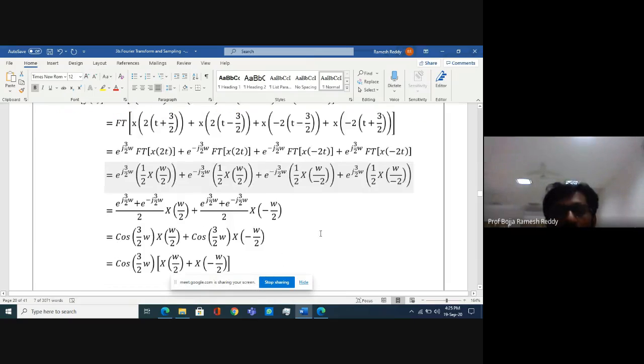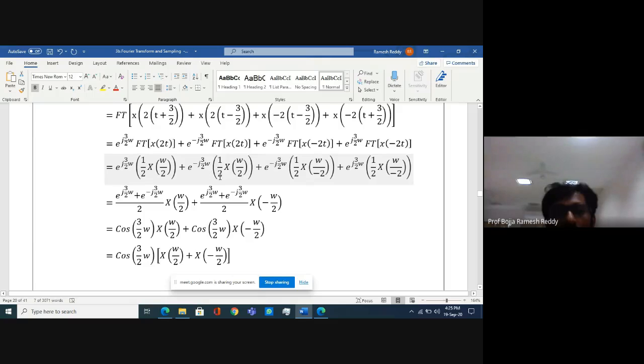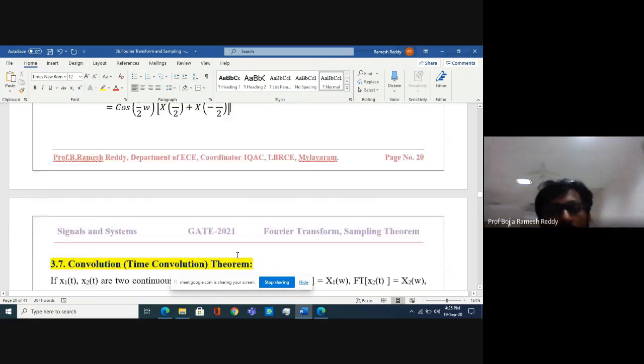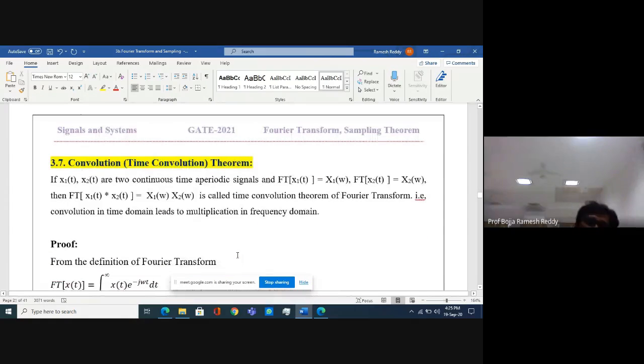If we take common 1 by 2 and x of omega by 2 outside, it becomes e power j theta plus e power minus j theta by 2, that is cos theta. Take that part common: cos of 3 by 2 omega, then x of omega by 2 plus x of minus omega. That is the application.